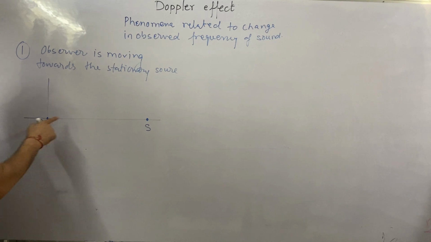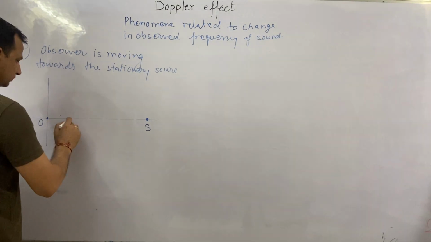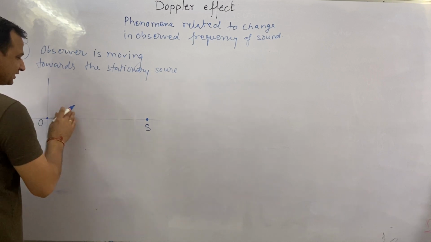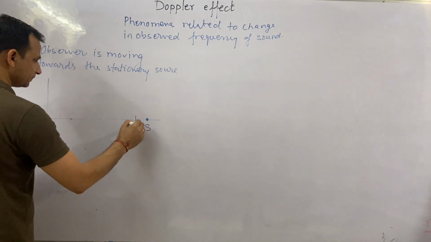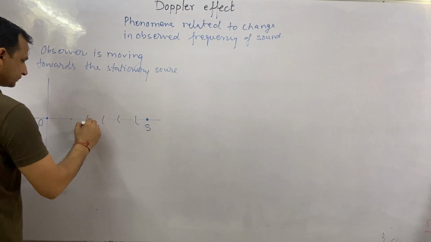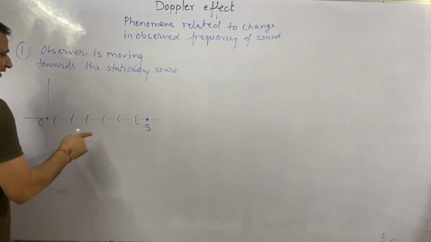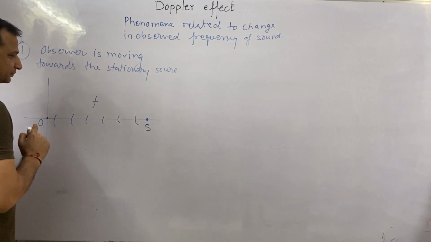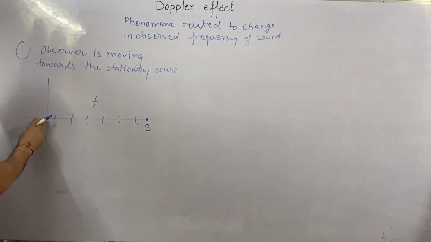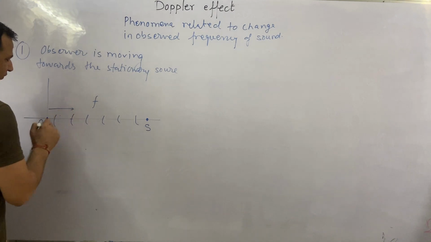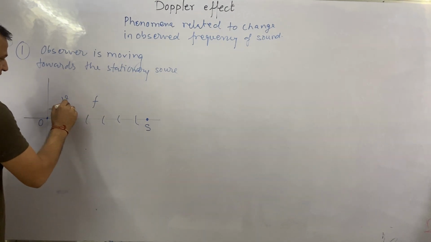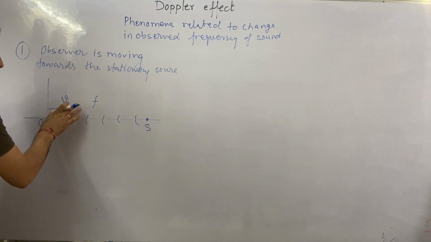This O represents observer, S represents source. The source is emitting waves which are reaching towards the observer. Let's say the frequency of the wave is f. Now as the observer moves towards the source with velocity v0, what will happen?